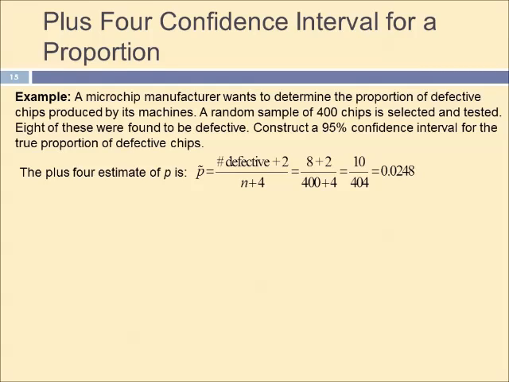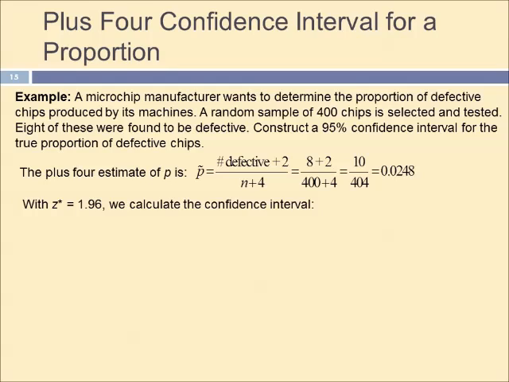So the +4 estimate for the population proportion is p twiddle equals the number of defectives plus 2 divided by the sample size plus 4. So we had 8 defective chips found and 400 chips altogether. So we have 10 divided by 404, or about 0.0248.